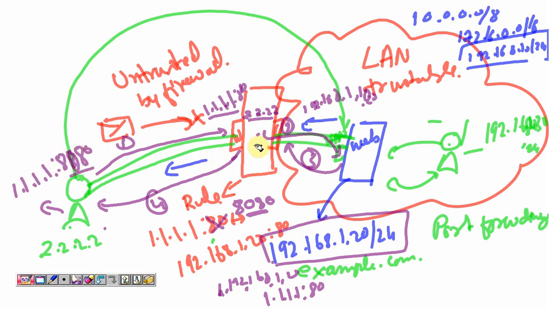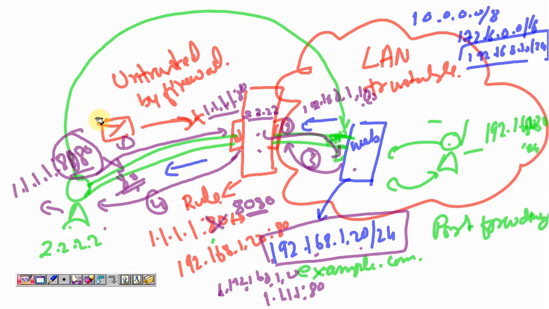When that request is received by the firewall, it sends that packet to the destination server 192.168.1.20, replacing port 8080 with port 80. This is why it is also known as port forwarding. It forwards the traffic from port 8080 to port 80, and then from port 80 back to port 8080.